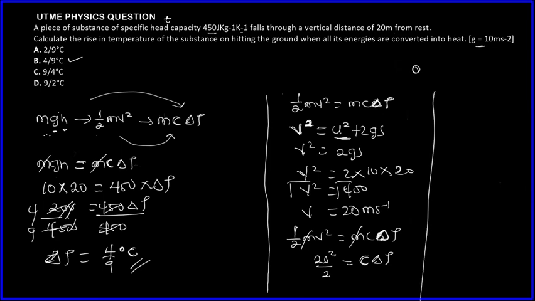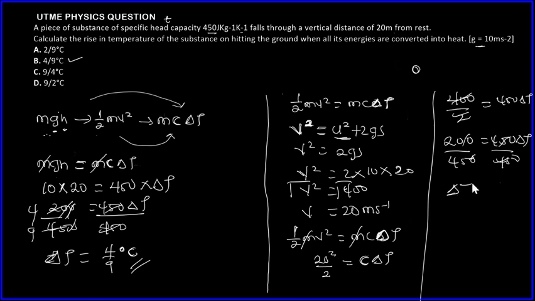So we have 400 over 2 equals 450 times the change in temperature. We have 200 equals 450 times the change in temperature. You see how we have gotten the same thing. Divide both sides by 450. So we have rise in temperature equals 4 over 9 degrees Celsius.